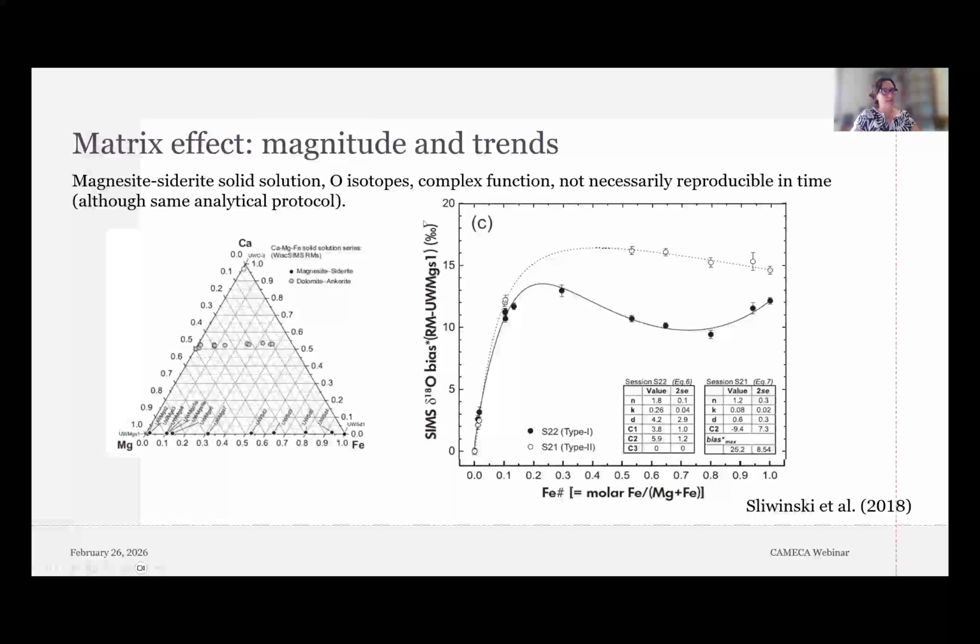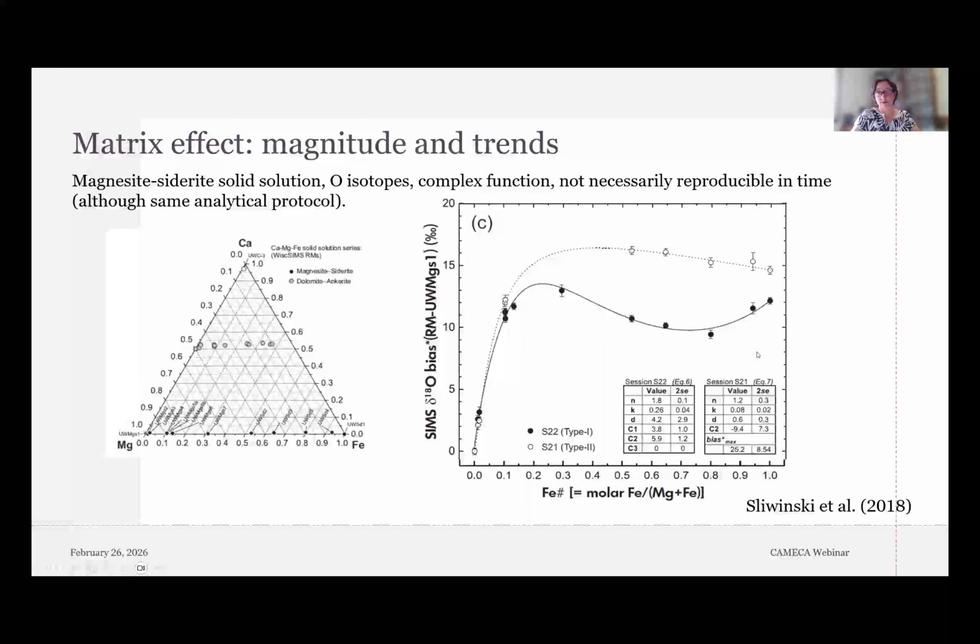And here we're looking at the bias of oxygen isotopes, in per mil, versus the iron content of the mineral. So we are looking at this portion of the triangle. And what we see in this example is that although the analytical protocol was the same, the matrix effect is not reproducible.